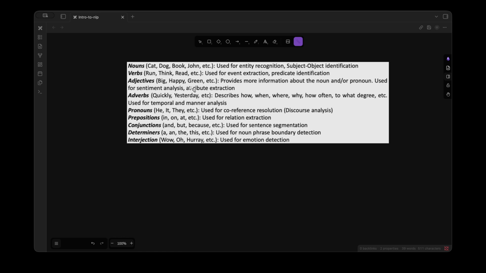Prepositions establish a relation, conjunctions are basically used for sentence segmentation. Determiners are the important ones, like a, the, this, these. Interjections are like wow, or emotion expressions.